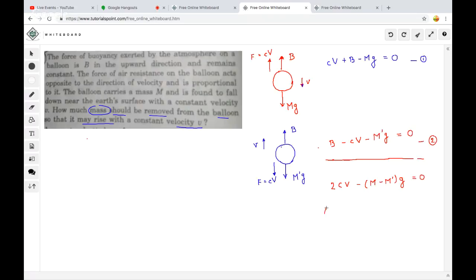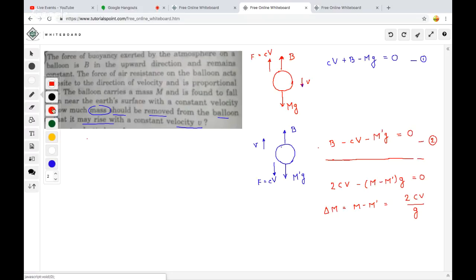So delta m, which is equal to m minus m dash, will be equal to 2CV divided by g.